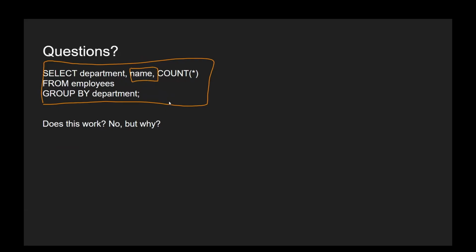we have a name here, right? And as I mentioned, if you want to select something in a query that has a group by, then it must be included inside the group by. So next time you want to select something, remember to put it inside our group by here, with name here.